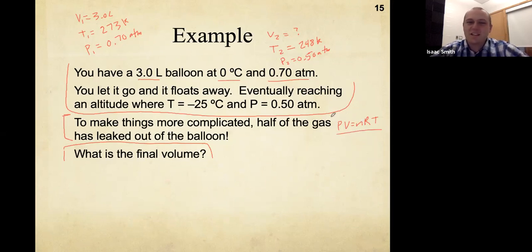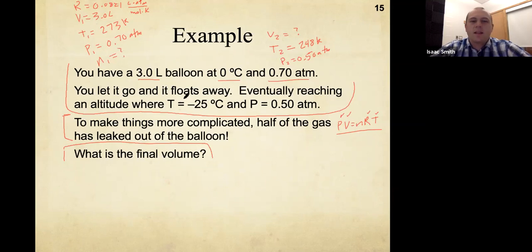We do know R. R is the same all the time: 0.0821, with units of liters atmospheres over moles Kelvin. That's a lot to write out every time, so I'll probably just write it once. So I know pressure, I know volume, I know the gas constant R, and I know the temperature. What I don't know is how many moles we have initially.